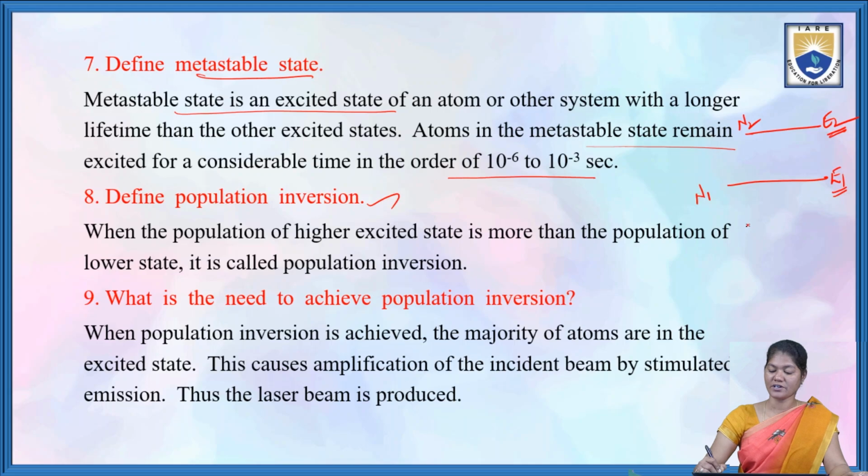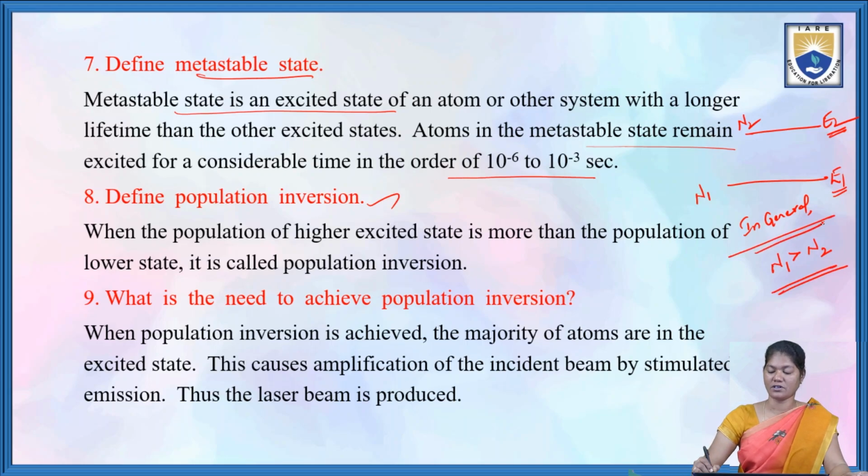In general, the number of atoms per unit volume in the ground state is greater than the number at the excited state, so N1 is greater than N2.